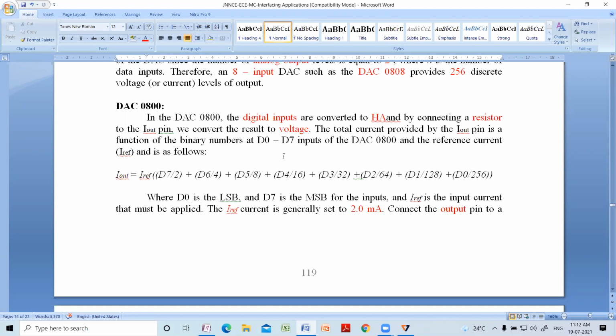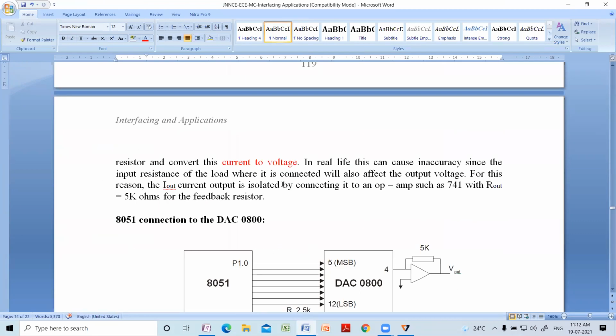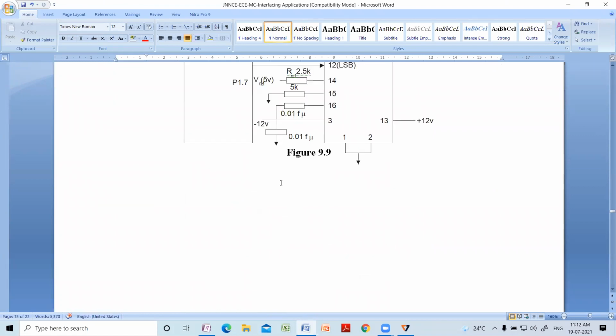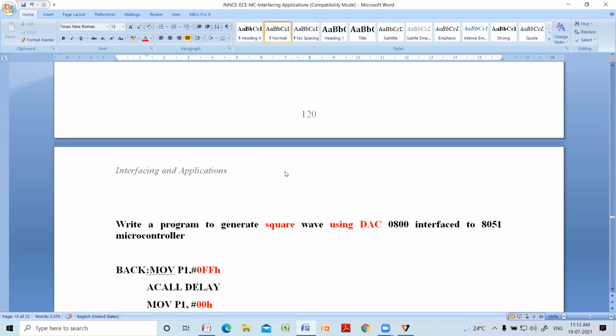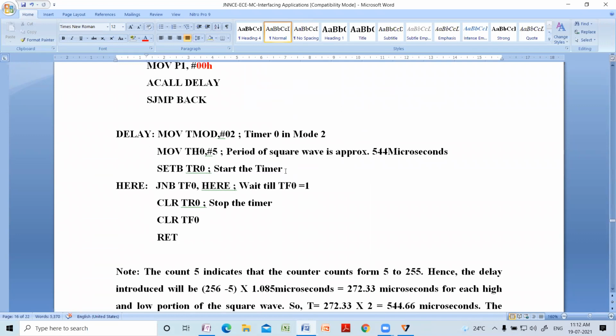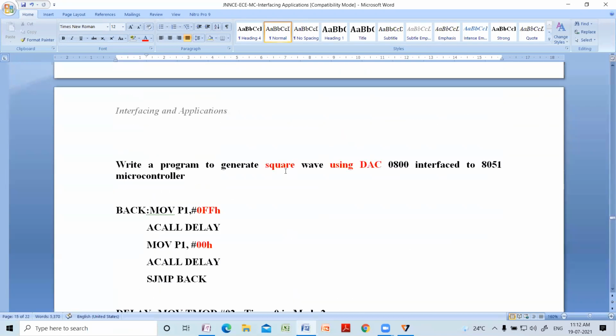So your output current can be got using this formula. And the digital output is fed through port 1 in this example. So this is a program to generate a square wave using DAC.